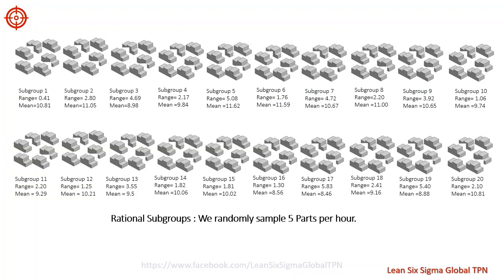So let's return to the production line at a company. Every hour for 20 hours, the engineers collected samples of 5 parts and measured the dimension of each part. We collect 5 parts every hour as our rational subgroup because we believe there may be some variability from hour to hour on the production line.